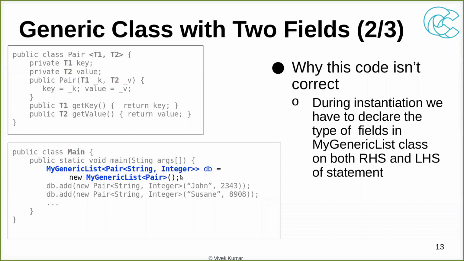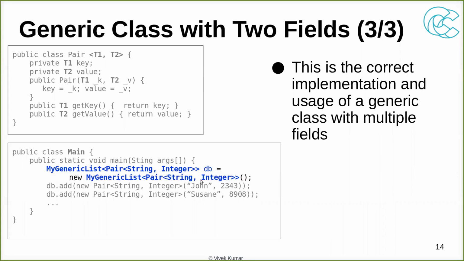But again, there are some issues with this, right? On the left hand side, you see Pair has two generic types, T1 and T2, and you have specified the types here. But on the right hand side, you have not done that. So it's important to do that on both sides, right hand side and left hand side.